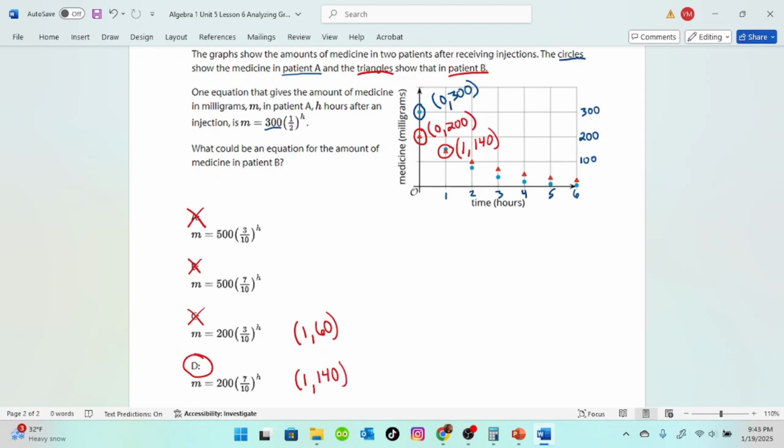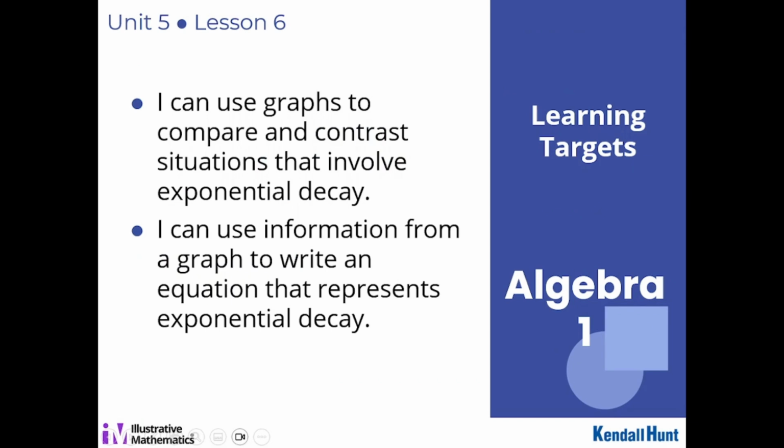Now, before we finish this up, let's go back and look at our learning targets and make sure you understand everything from this lesson that you should. As we look at our learning targets, number 1 says I can use graphs to compare and contrast situations that involve exponential decay.